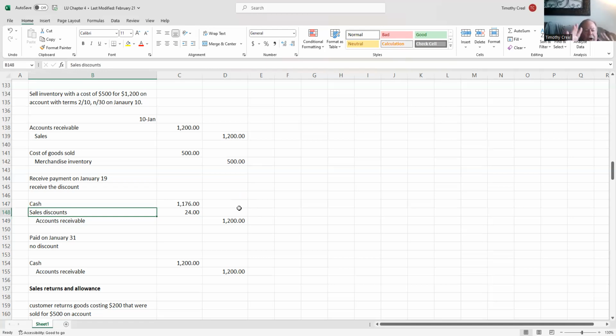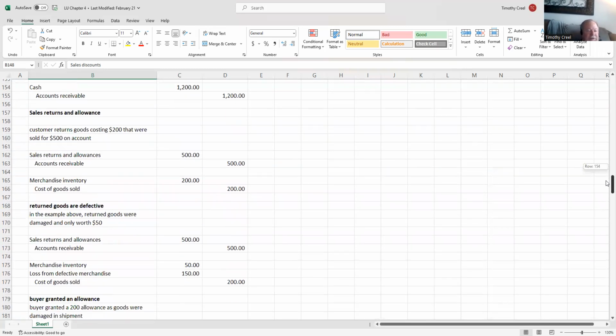Instead of putting it all back into the one sales account, they break it out to give company leadership better information about customers using discounts and about the amount of items being returned. It allows them to do that.